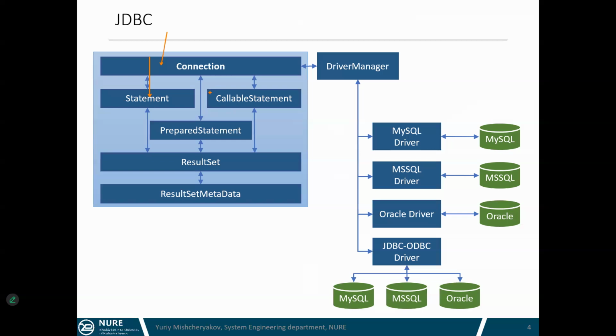If you need such specific behavior, for example to find some text or a condition in a field of the table, you need to use a prepared statement. Callable statement allows you to execute a function or a procedure from the database.